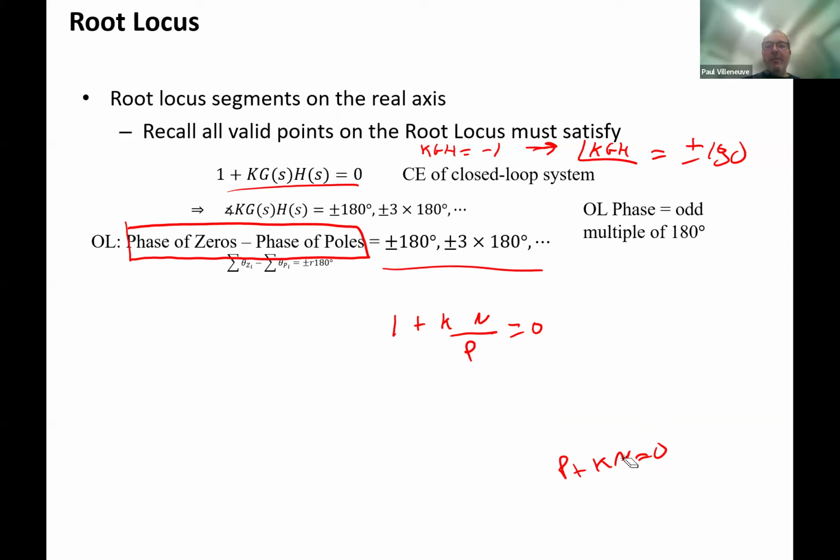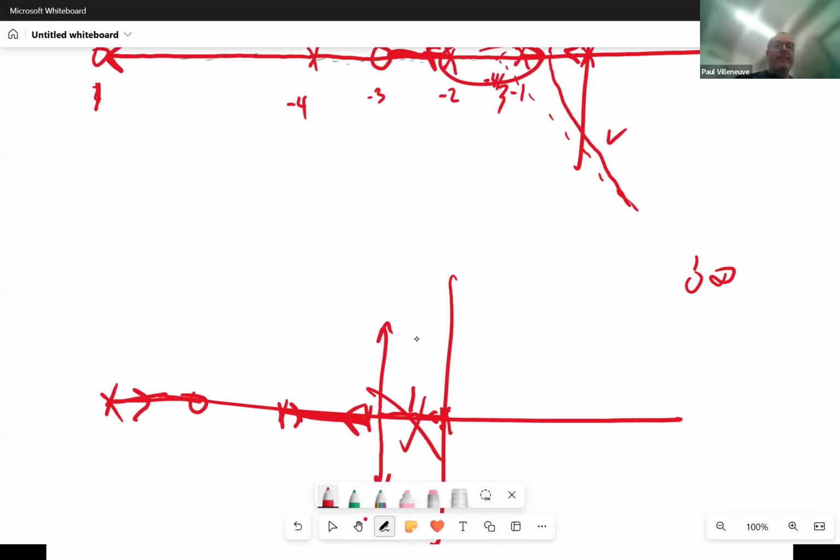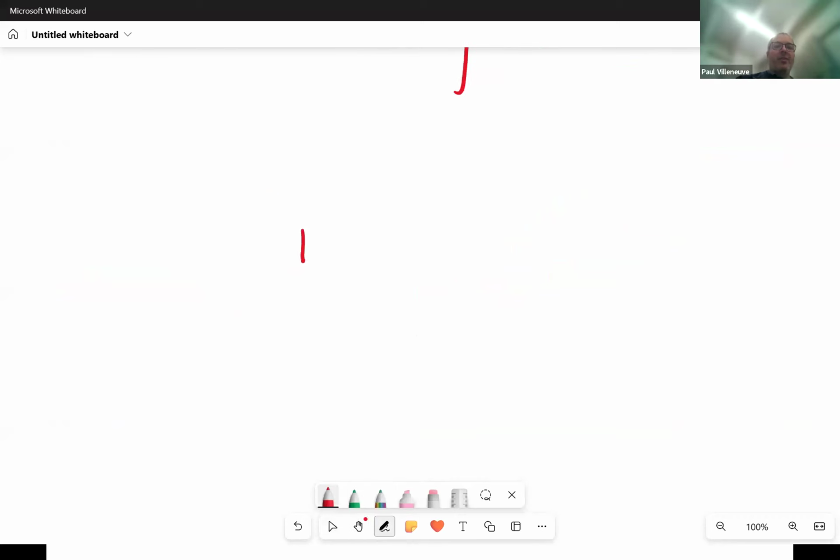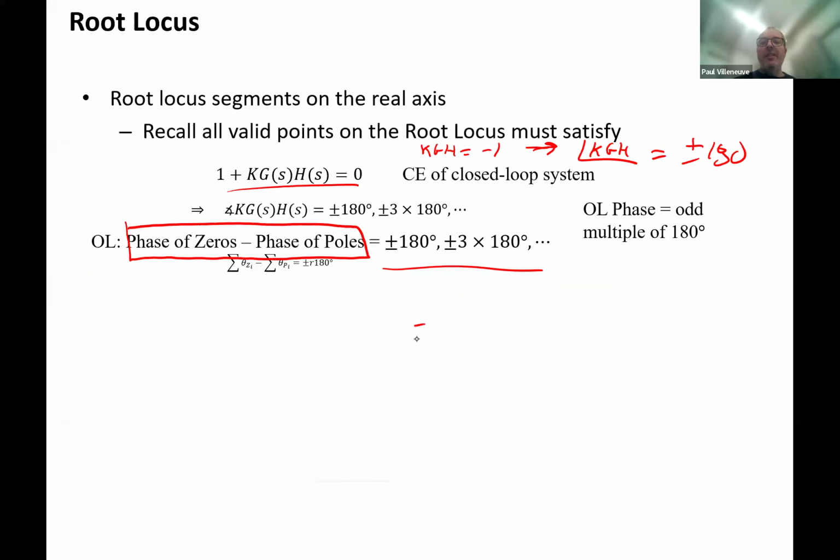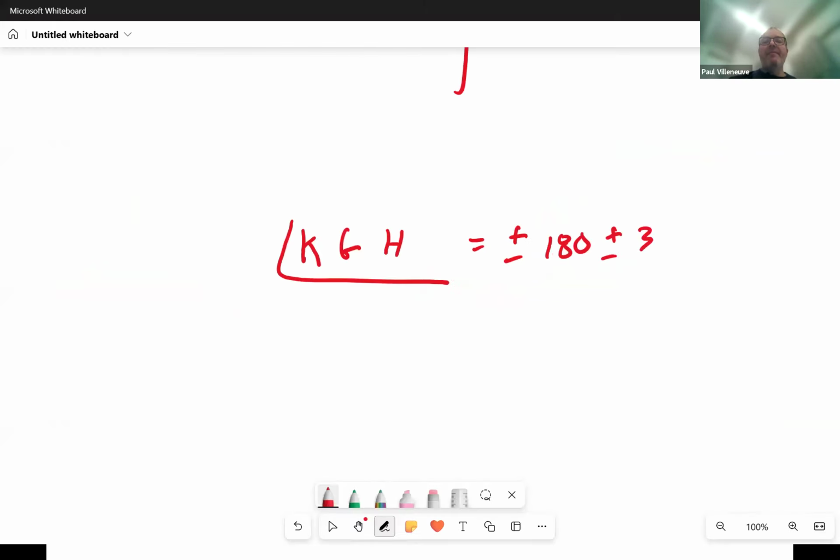Let me give myself some room. Let me go back over here. So K, G, H has to equal plus or minus 180, or plus or minus, what's the angle? 3 times 180. On and on and on.